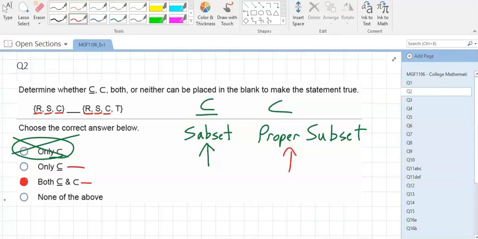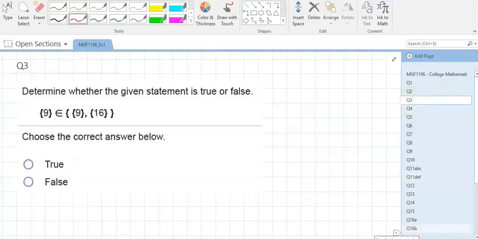So there's question 2. All right, question 3. So from here, we want to know, is the set 9 an element of the set that's on the other side? So that's what this little symbol right there means.